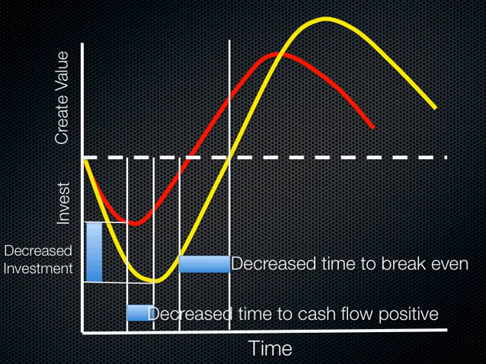So we see the thing labeled decreased time to cash flow positive. In other words, as we get to the bottom of the yellow curve, at that point we have an inflection point where we start making money from the use of the technology.